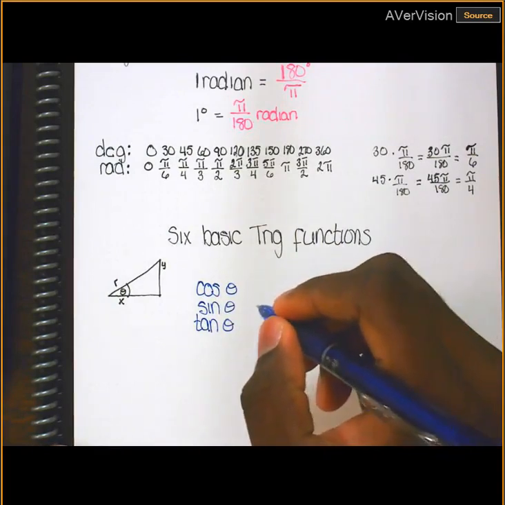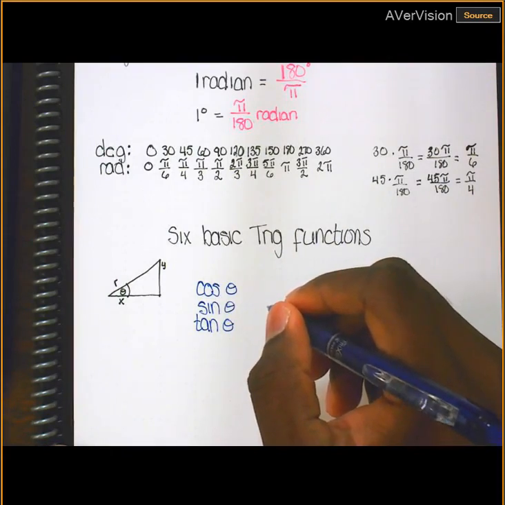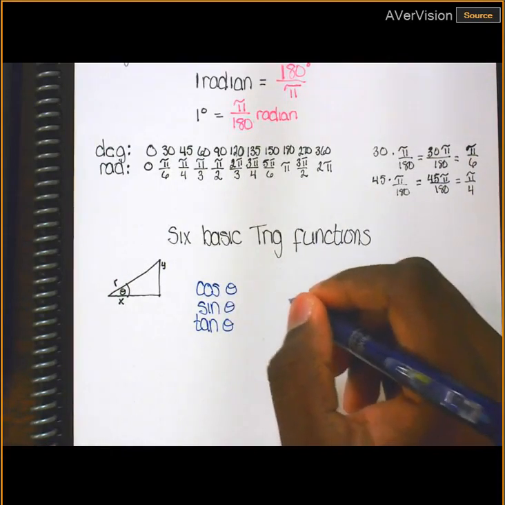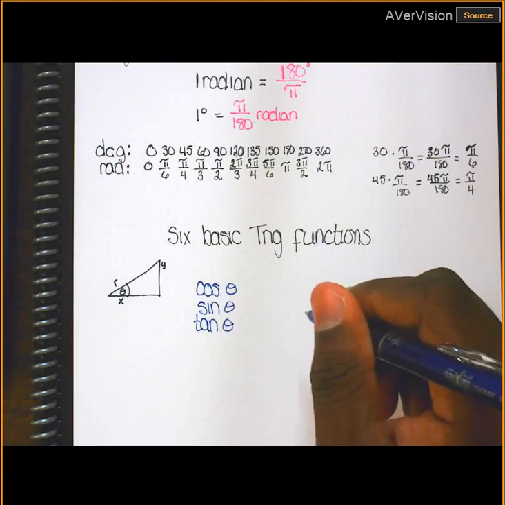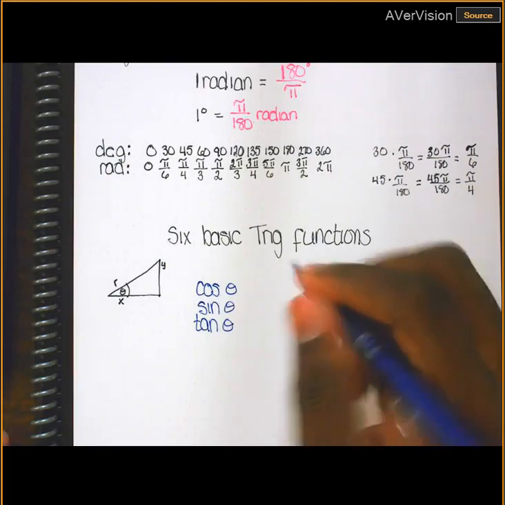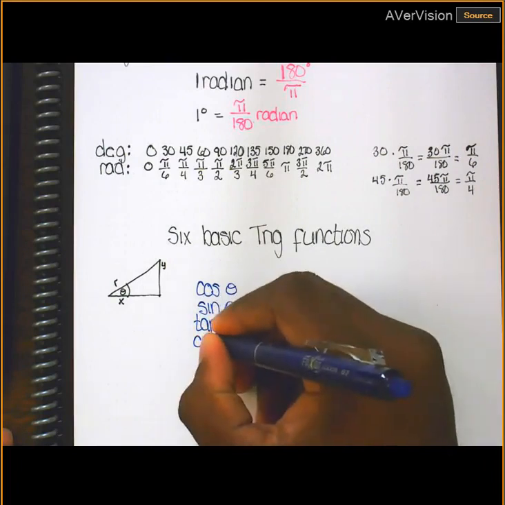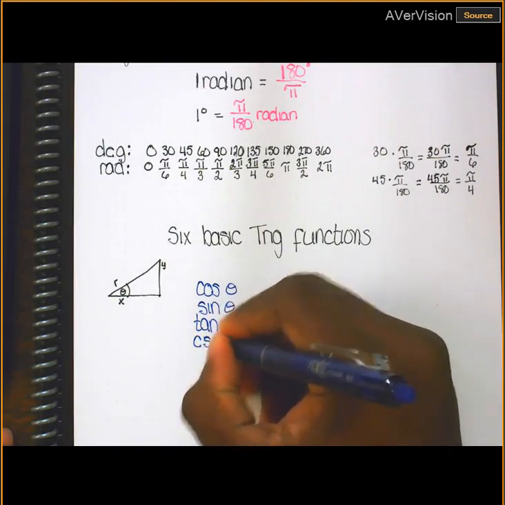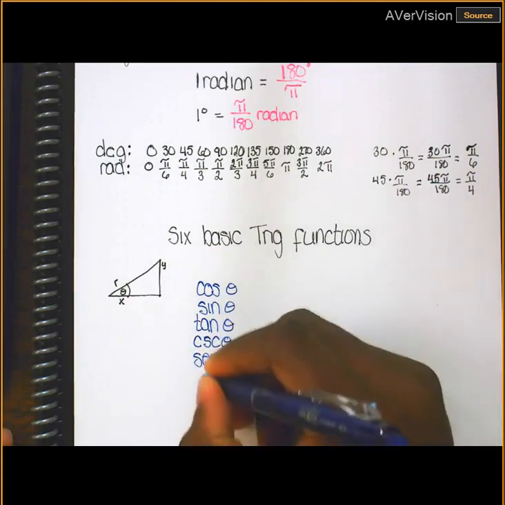Do you remember the others? Right now, we're just naming them. Remember cosecant, secant, and cotangent.